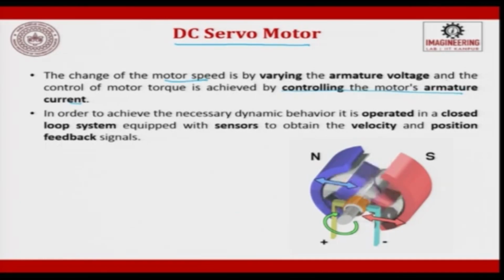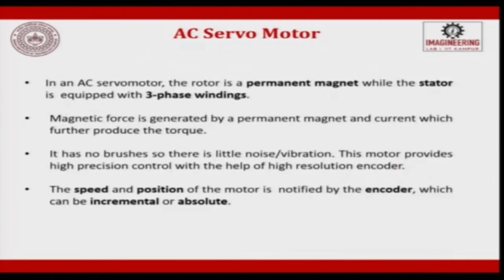In order to achieve the necessary dynamic behavior, which changes with respect to time, it is operated in a closed loop system equipped with sensors to obtain the velocity and the position feedback signal. We will see what sensors and encoders are.